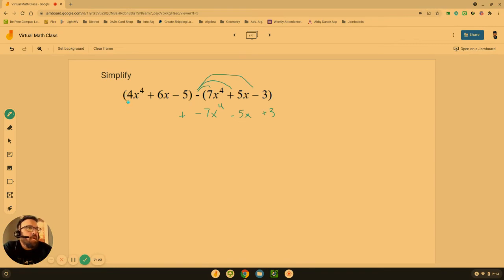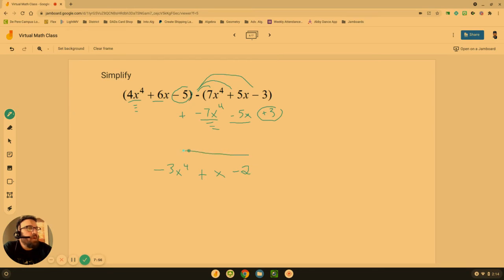So 4x to the fourth, so this would have like 4 underlines, and so would this one. 4 of them plus negative 7 gives me negative 3x to the fourth. 6x minus 5x leaves me with a positive 1x, or just plus x. You can put the 1 there, not a big deal. And then negative 5 plus a 3 gives me a negative 2.